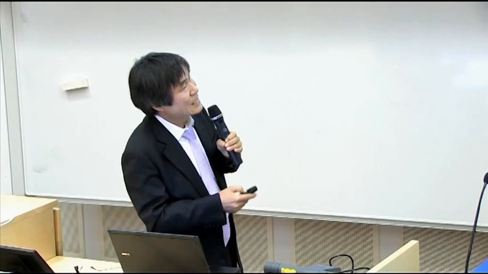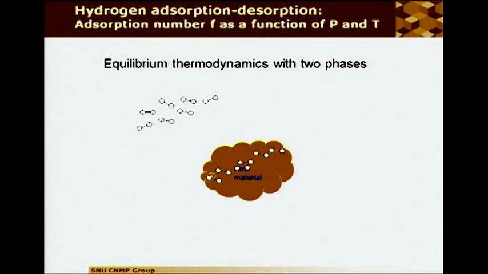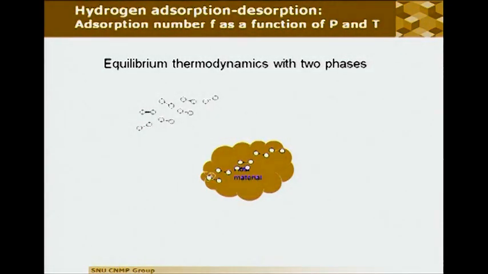The idea we have is the following. Suppose we have a certain host material. That's what we are designing and what we are trying to synthesize. At high pressure and low temperature, there is very high probability that those hydrogen molecules are attached. So it's a choice between gas phase and absorbed phase. So there is a very large probability of absorption if you raise the pressure and lower the temperature.